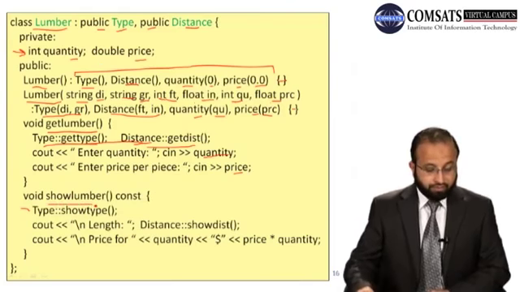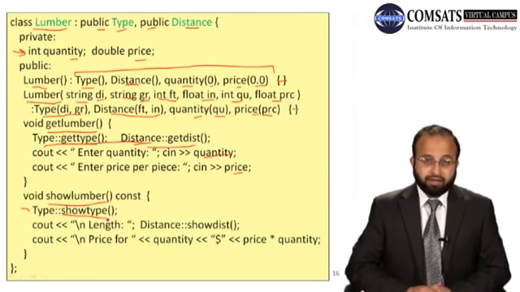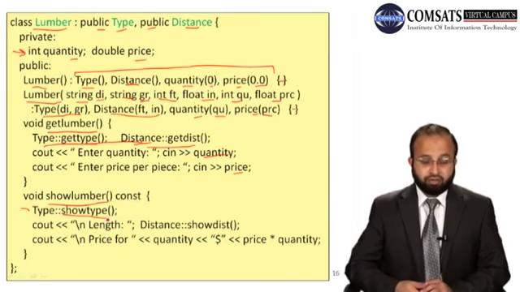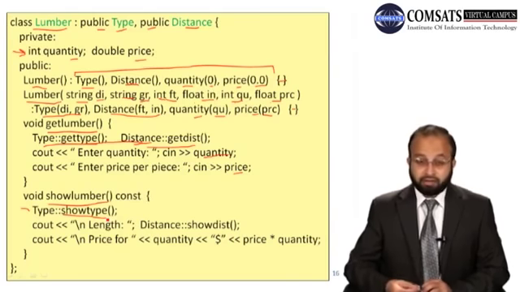Then after that there is the show number function. The show number function will first call show type. What will show type do? It is a function of the type class. It will show the type, it will display the content of the object that called the show number function, because an object of a number class is also considered an object of a type class and a distance class, ठीक है.